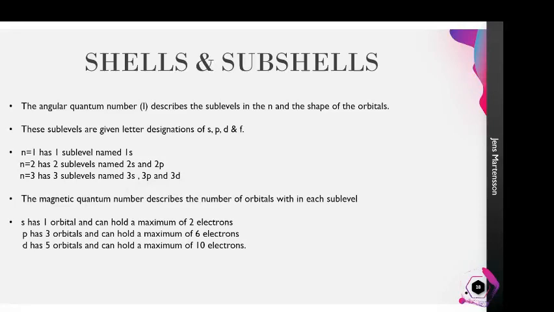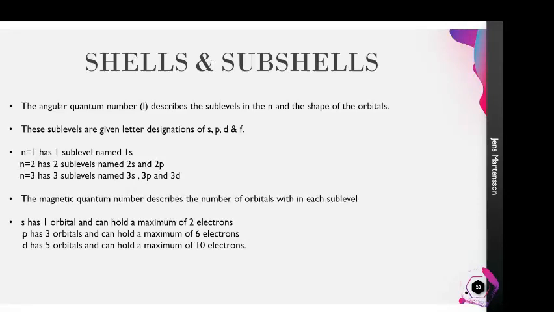When our principal quantum number is 1, we have one sublevel, and that sublevel's name is 1s. When our principal quantum number is equal to 2, we have 2 sublevels, which are 2s and 2p, and when it's equal to 3, we have 3 sublevels, 3s, 3p, and 3d.